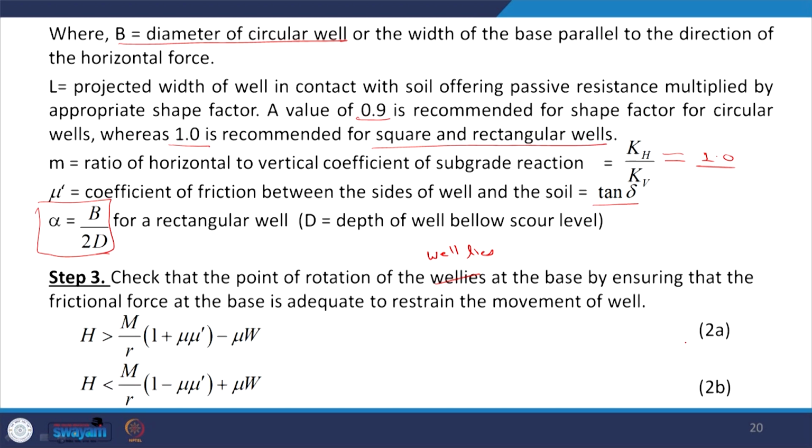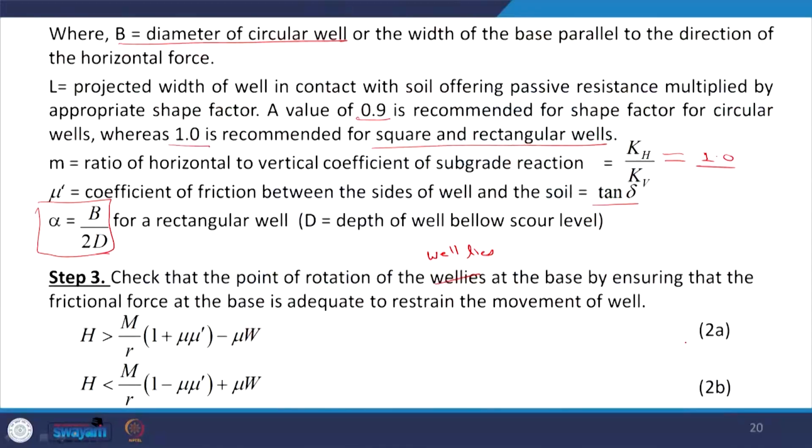So, what is given to you? Three external forces are given: H, the horizontal force, W, the weight of the well, and M, the moment acting. The combination of these three forces should satisfy equations 2a and 2b, both.